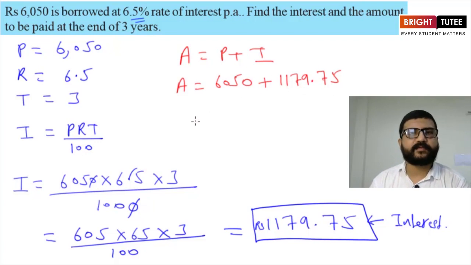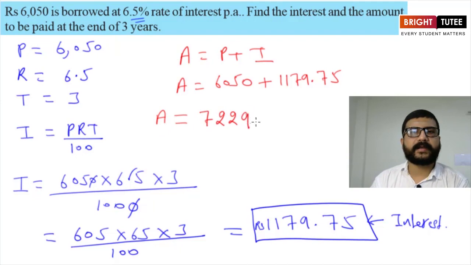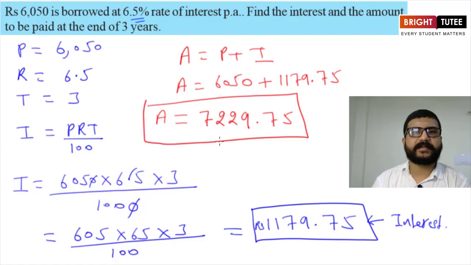Now we just have to add them. So by adding them we will get the amount to be paid after 3 years, and that will be 7229.75. So this is the amount to be paid after 3 years.